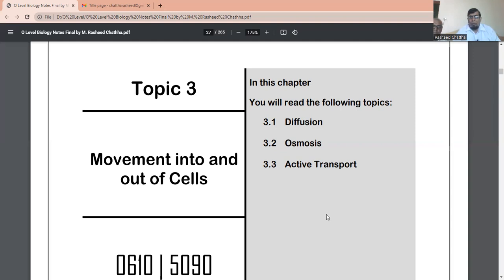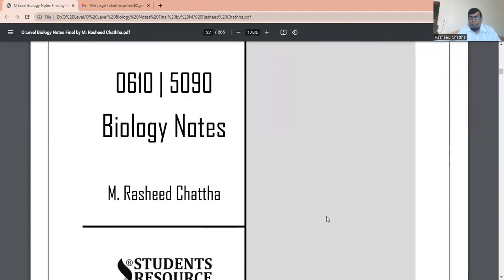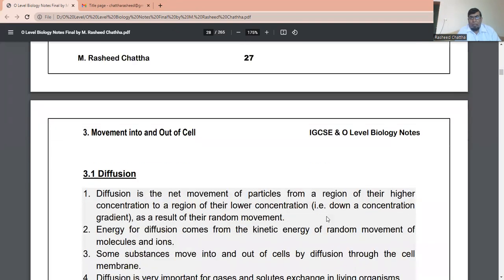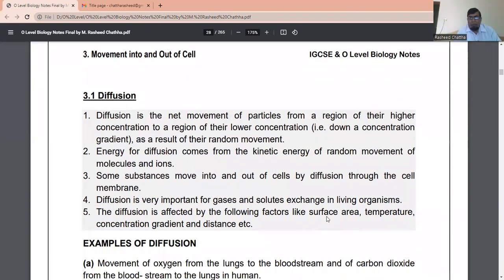So diffusion is the movement of any substance, maybe solid, liquid or gas, from the region of higher concentration towards the region of lower concentration, until the concentration on both the sides becomes equal.